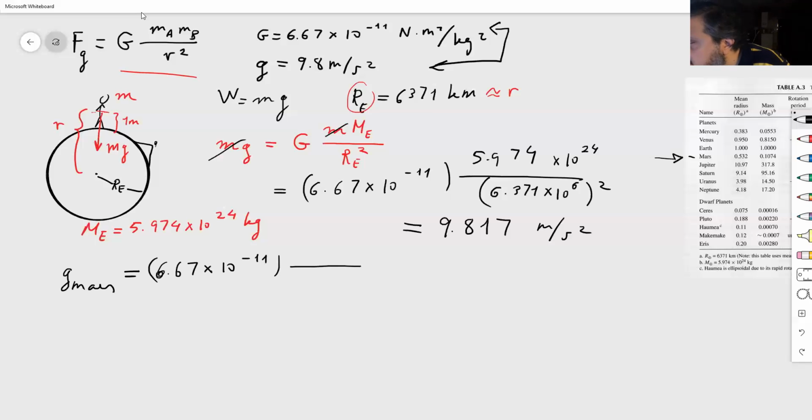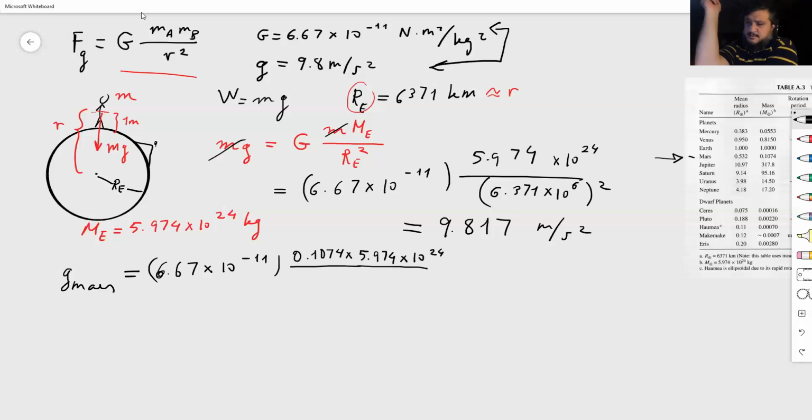Okay, Mars mass is 0.1074 times Earth's mass, 5.974 times 10 to the 24th.